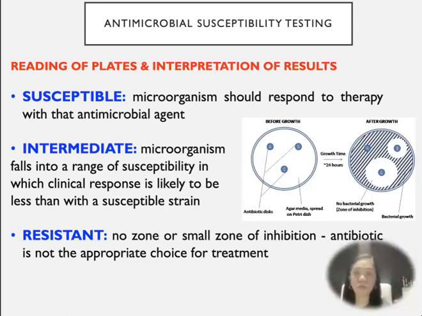Pero usually ang treatment nito nasa 2 weeks, mahaba. Kasi hindi siya kasing bilis nung drug kung saan susceptible masyado ang organism. Sana naintindihan yung difference ng ating susceptible at intermediate.